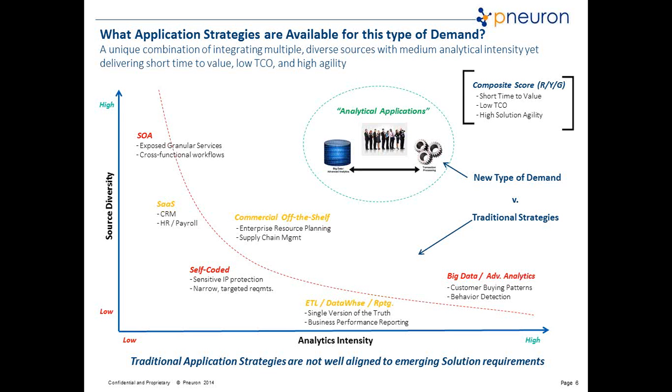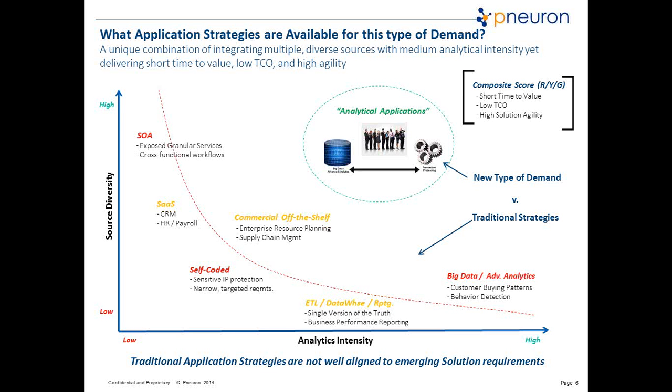The challenge, however, is that this new type of demand is well off of that traditional trade-off curve. We'll characterize it as analytical applications, which is a bit of a mix of the two, but is very representative of the types of questions and challenges being asked on the prior page. They very much exist in between those two endpoints, as we discussed a moment ago.